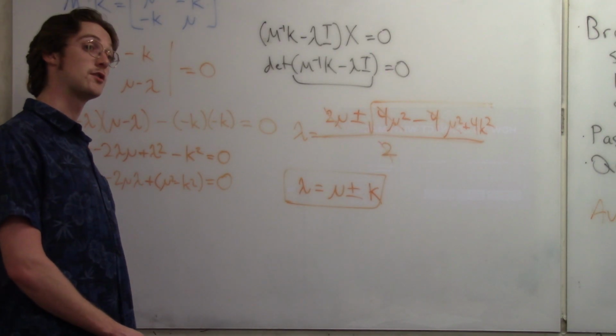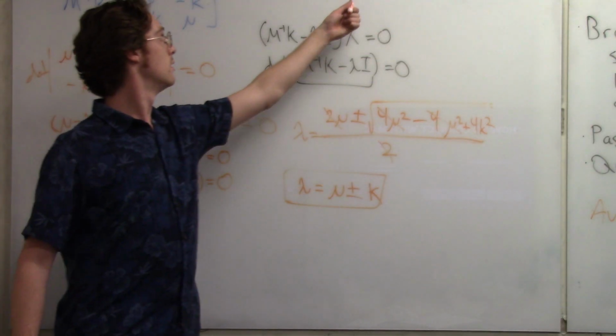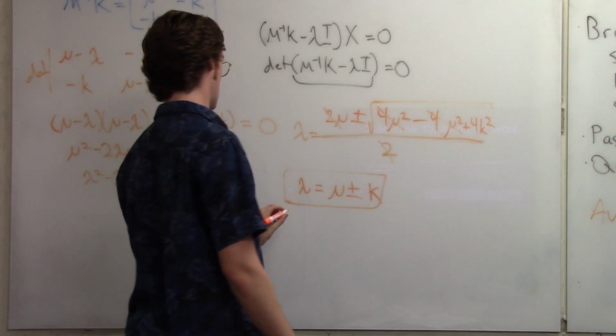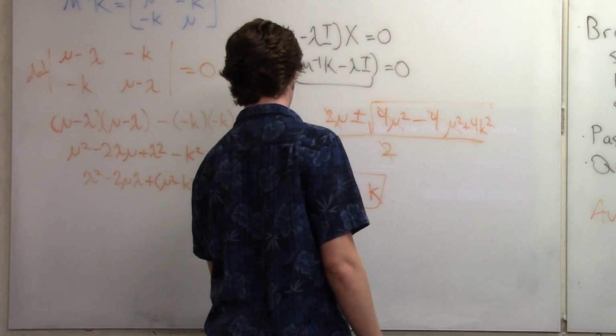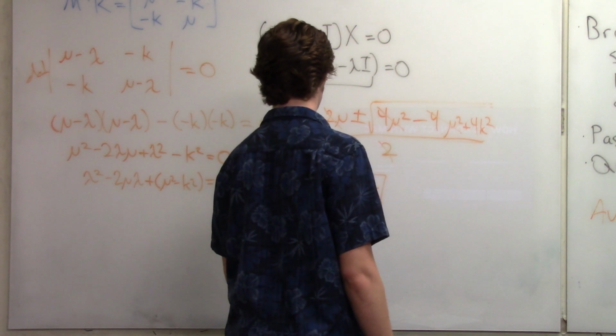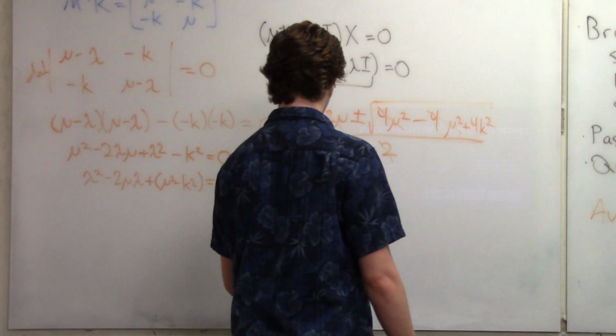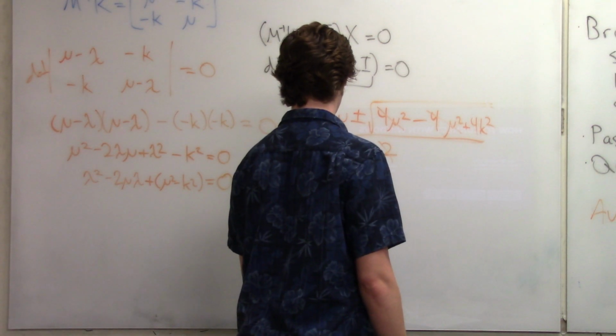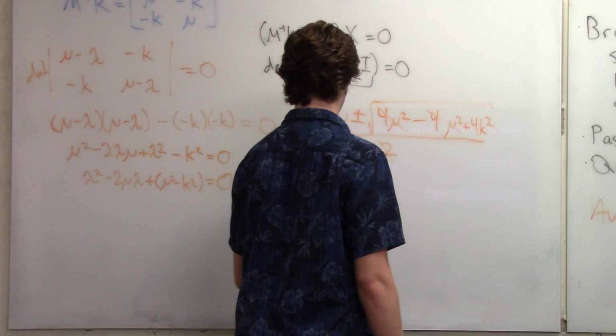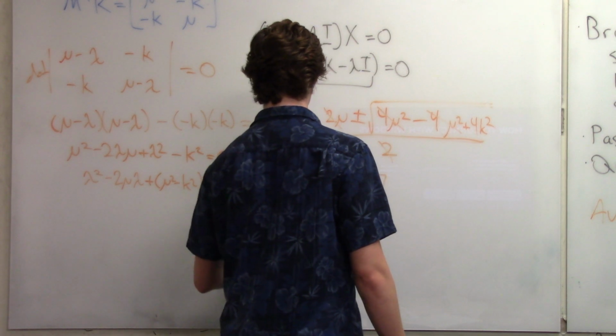And when we want to take the natural frequencies, this is the most important part. That's omega squared. Therefore, omega is going to be the square root of mu plus or minus k. That's our answer right there.